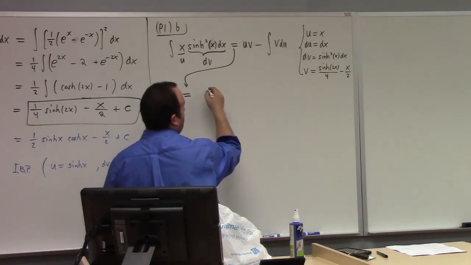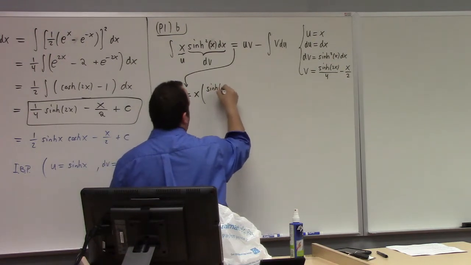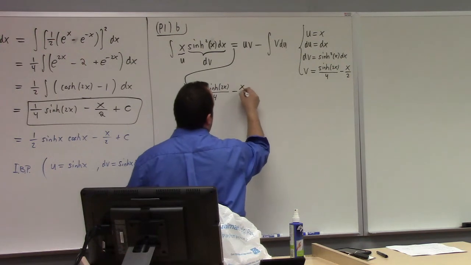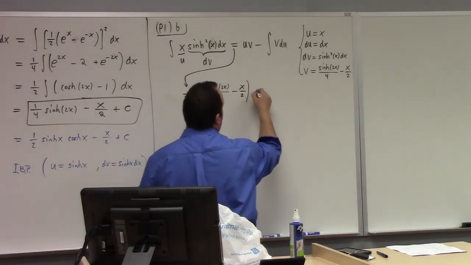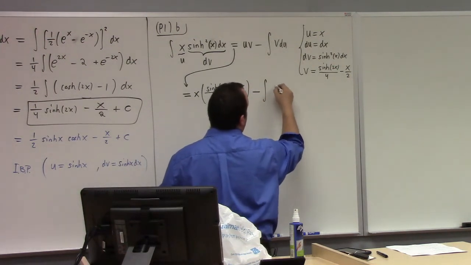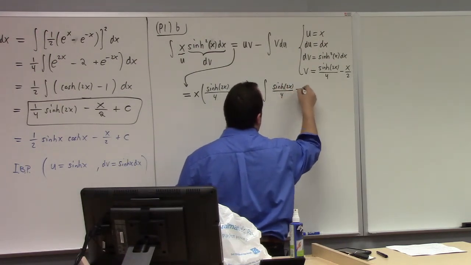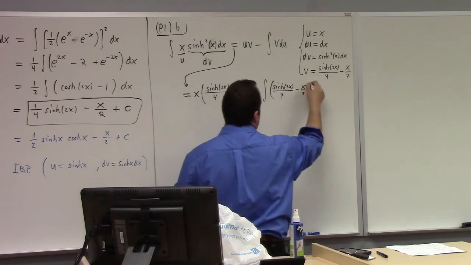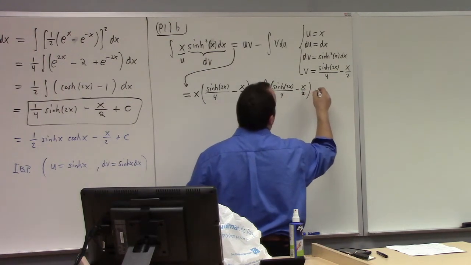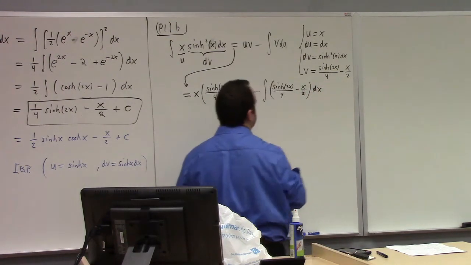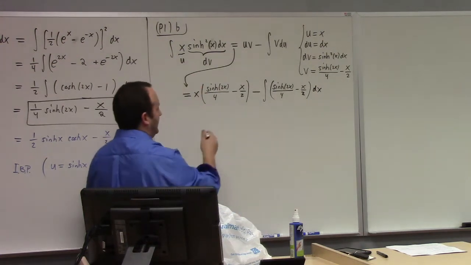So we have x times sinh of 2x over 4 minus x over 2, that's my v, minus the integral of v, which was sinh of 2x over 4 minus x over 2, times dx.